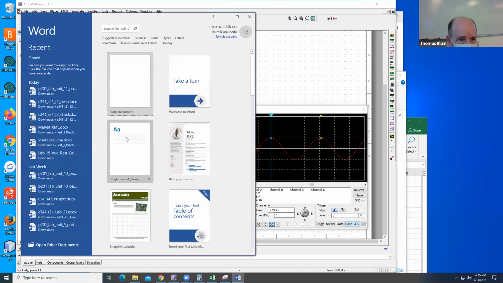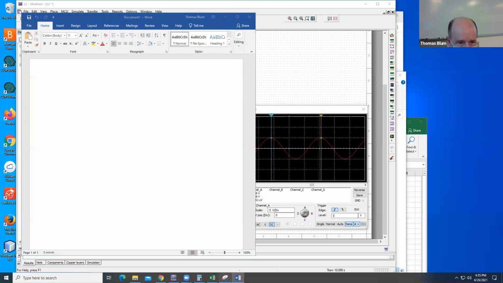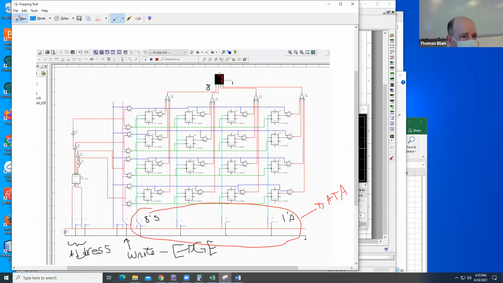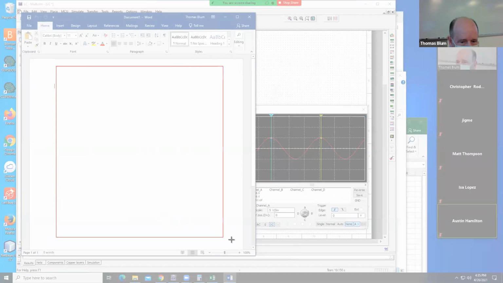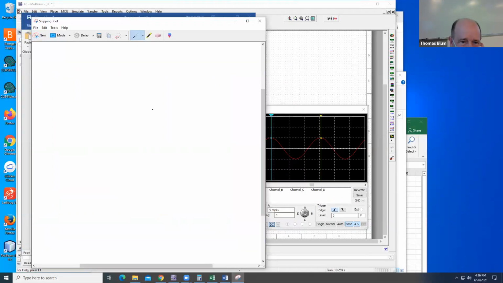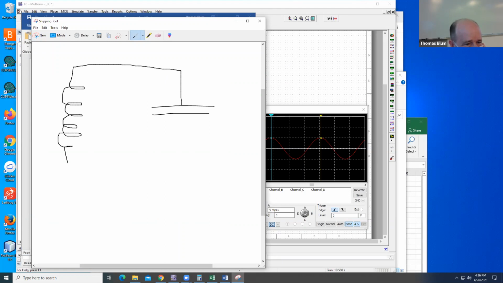I'm going to snip. And I'm going to have a capacitor connected to an inductor. I'll make it look a little bit more like a coil than the other picture. Okay. And maybe I'll give a ground.